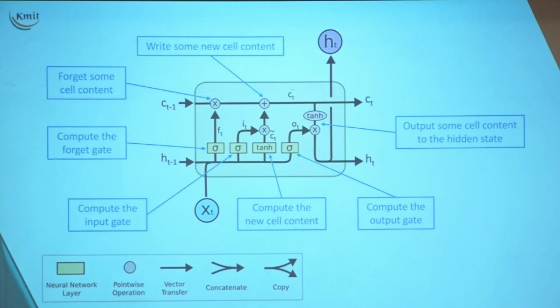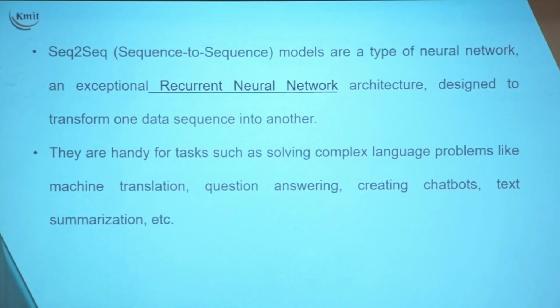We also saw the internal architecture of how LSTM works: first the input gate, next the forget gate, then we forget some of the cell content, write some data to the new cell content, and then compute the output gate, and the output with respect to the hidden state is taken care of. Still, LSTMs also have drawbacks, which we have already seen.